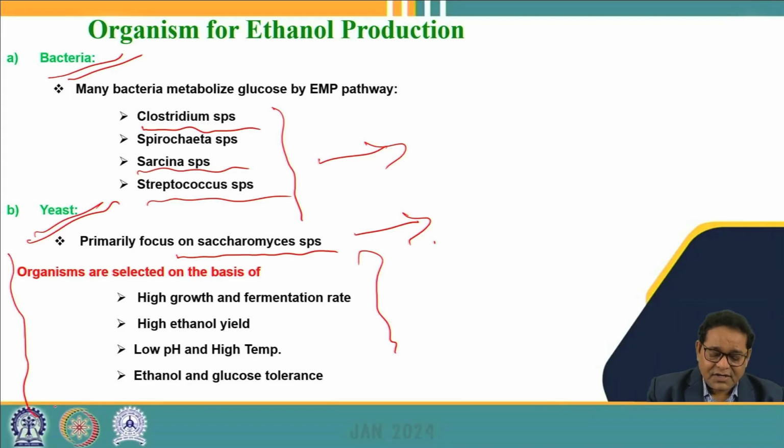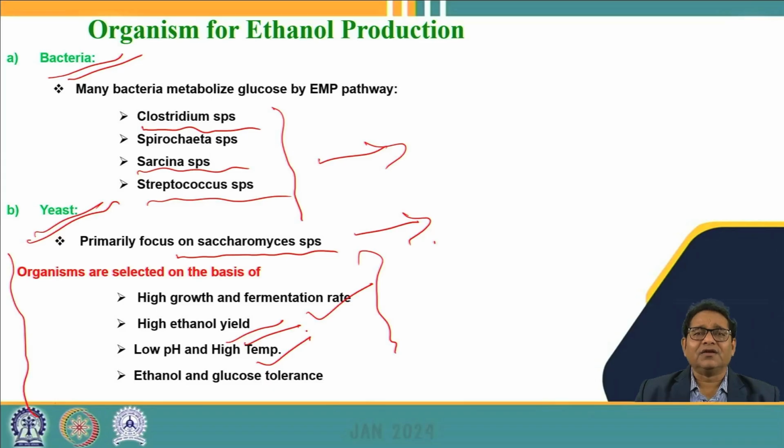The selection of the particular bacteria or yeast culture depends upon its growth and fermentation rate. Also in terms of ethanol yield, we found that yeast culture has better ethanol yield compared to bacterial culture, and it also requires low pH and high temperature.